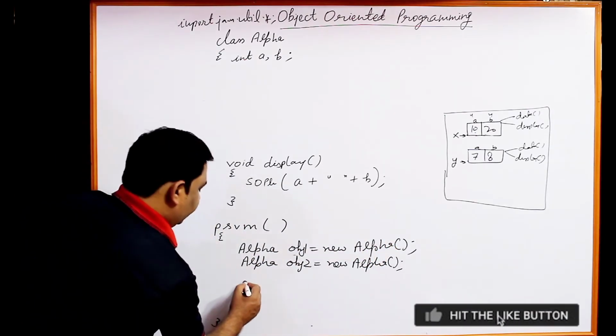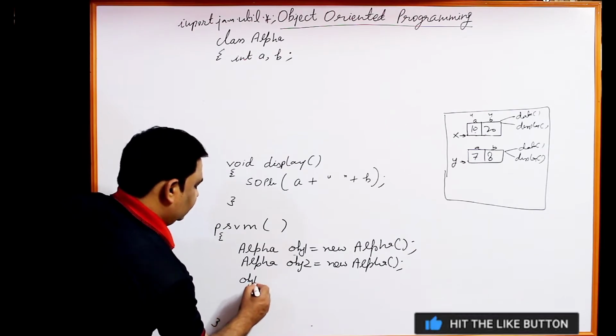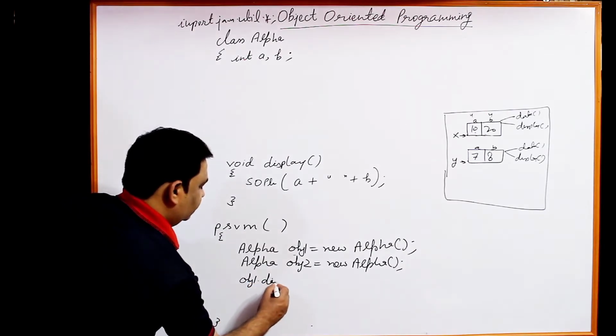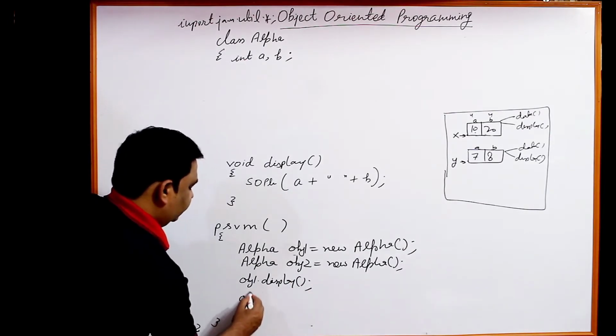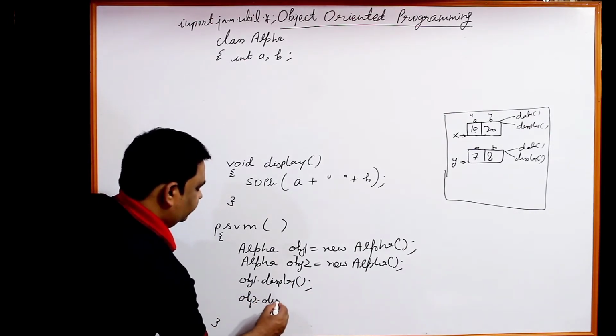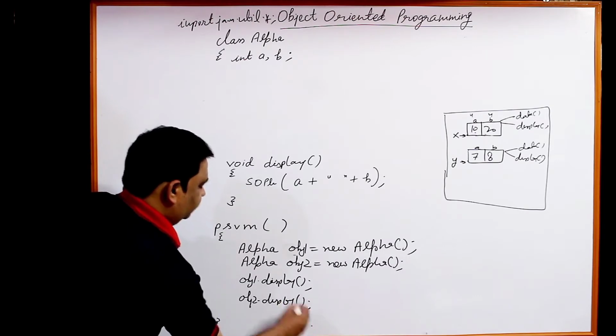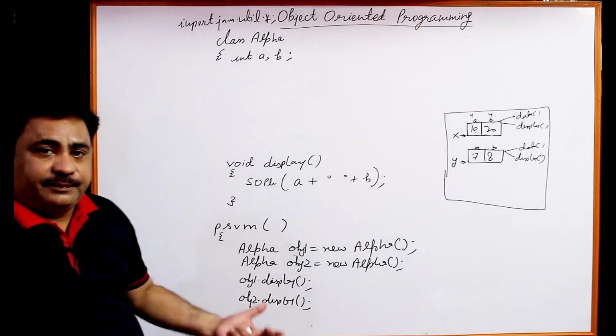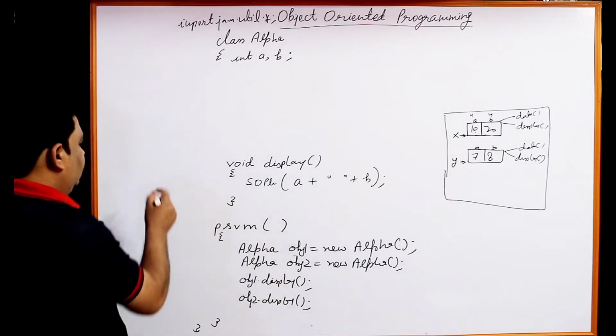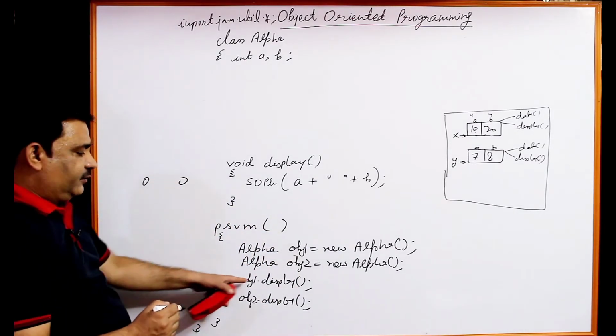Now here if you call the display function, so by default what it will print? It will print 0 for object 1.